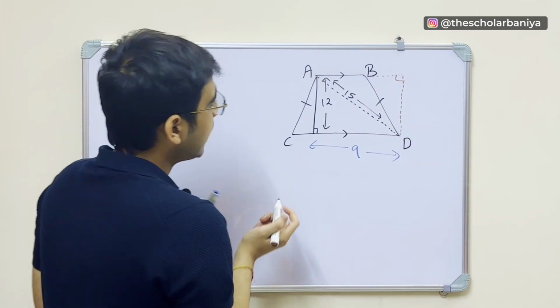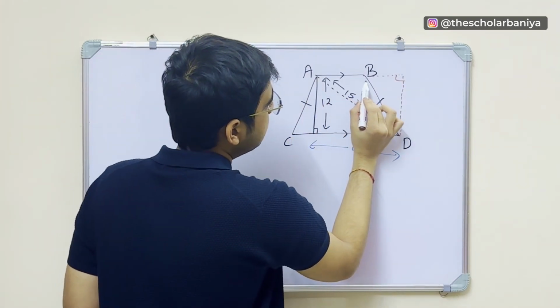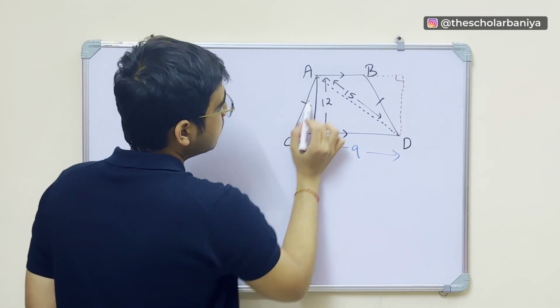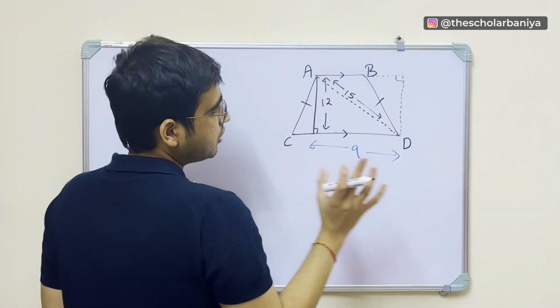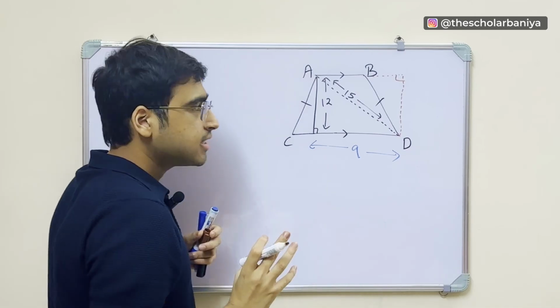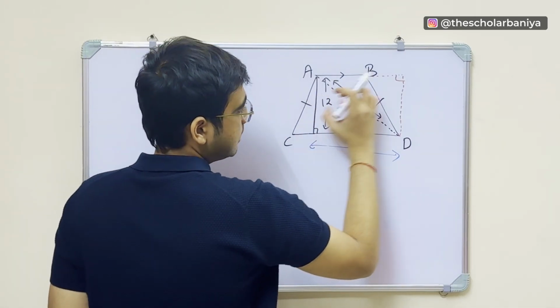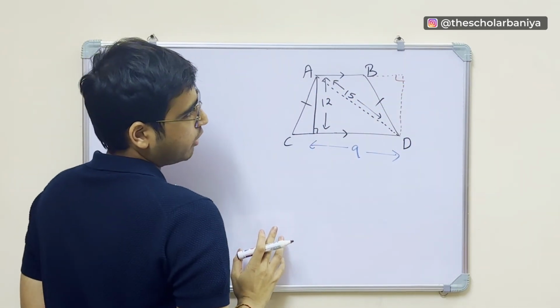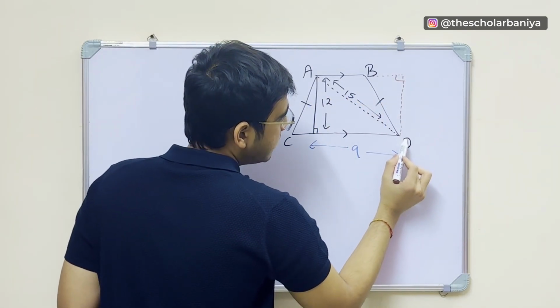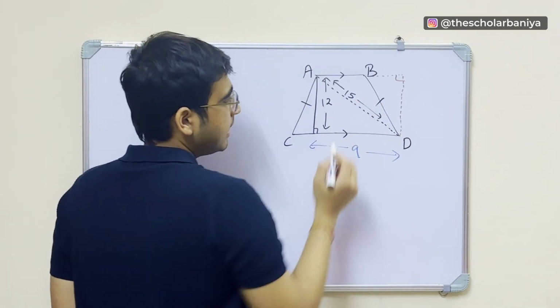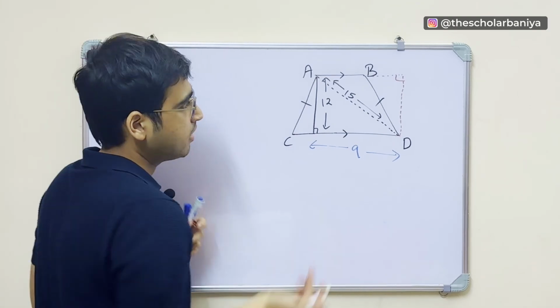So initially we had to find the area of this entire shape, which is the trapezoid. Can we now say that because this is exactly the same as this, if we find the area of this rectangle, it is the same thing, right?